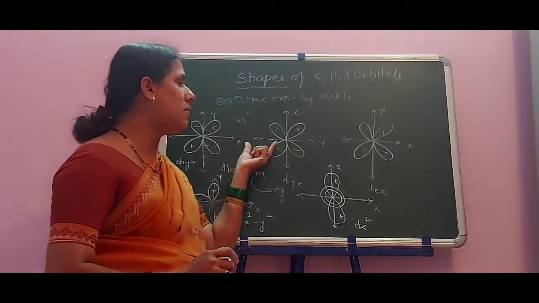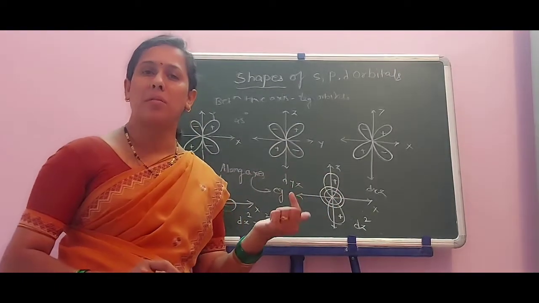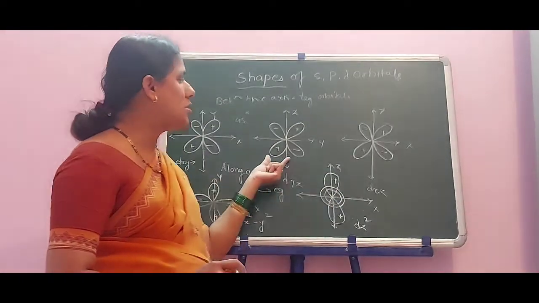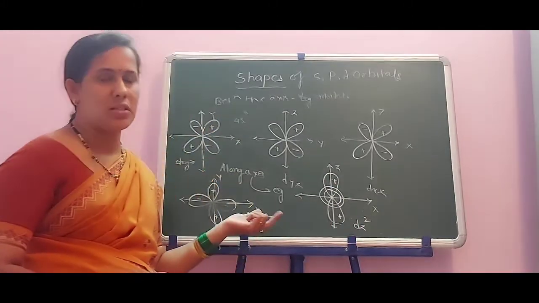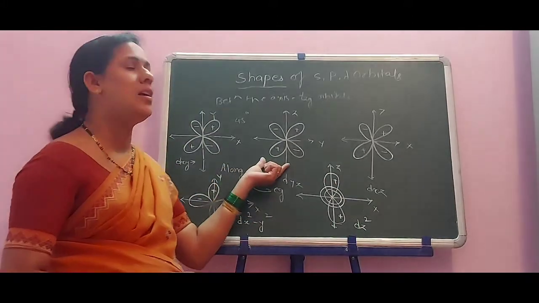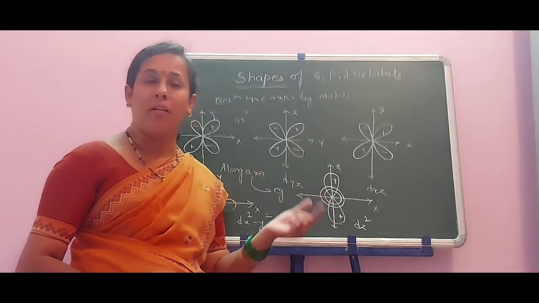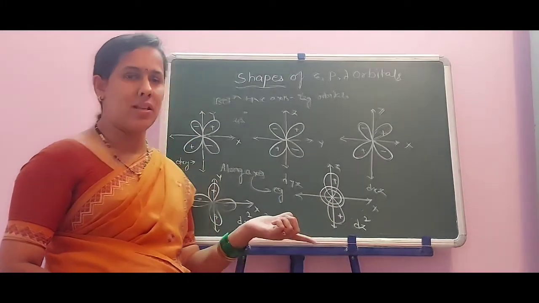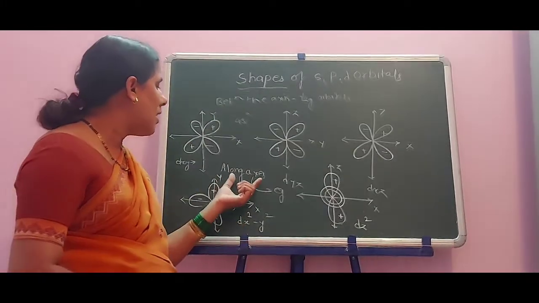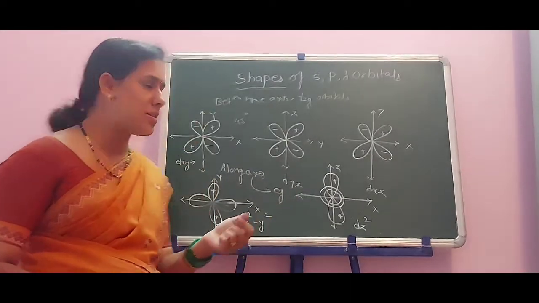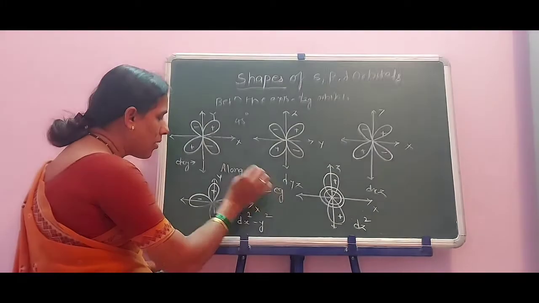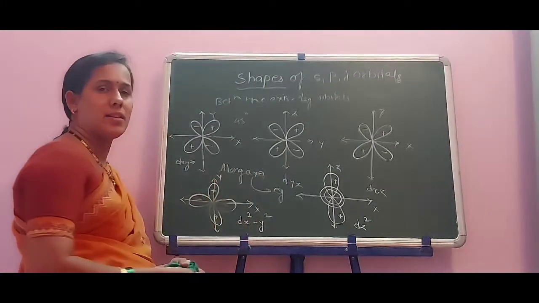As the value of the principal quantum number increases, the energy of orbitals along with the size also increases, from 3s to 3p and so on. The second set is known as the Eg orbitals. These orbitals are located along the axis.